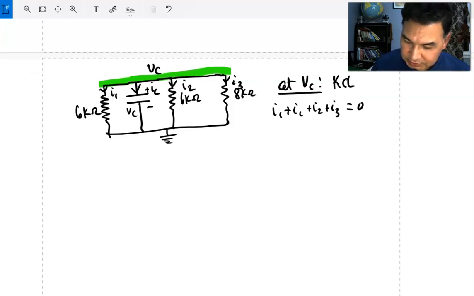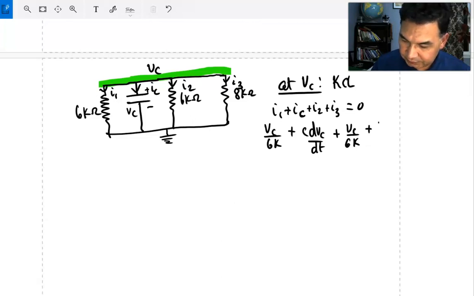So I1 is VC over 6 kilo ohm. I'm just going to keep everything in kilo ohm. IC, which is the current through the capacitor, is C dV over dt. I2 is VC over 6 kilo ohm, plus I3 is again VC over 8 kilo ohm, right?